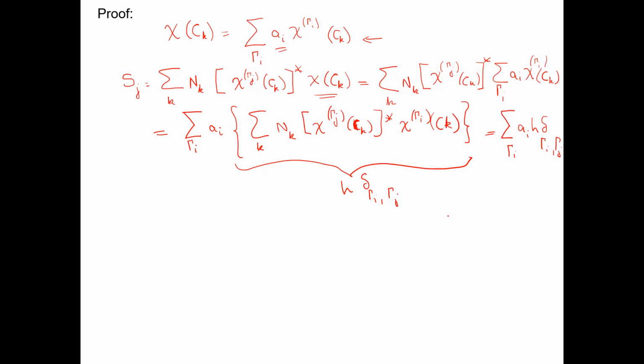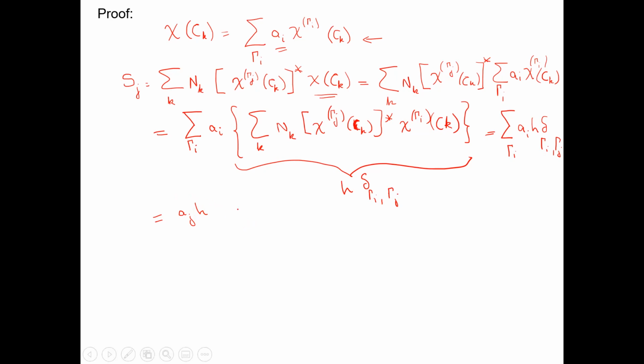This is only different from 0 when gamma i equals gamma j. So applying this delta condition, this is simply aj h.